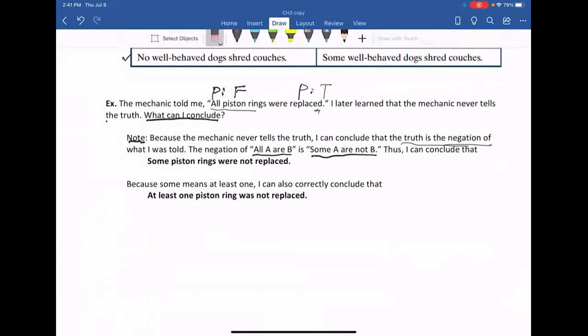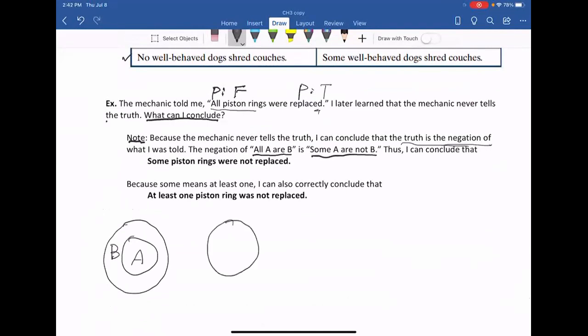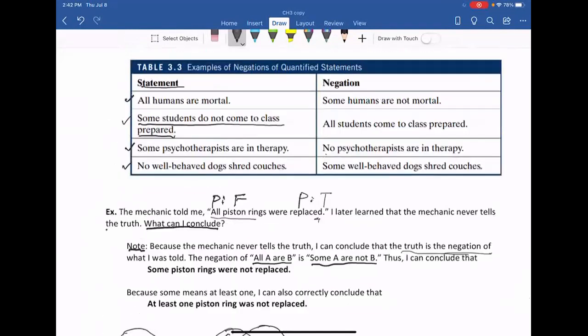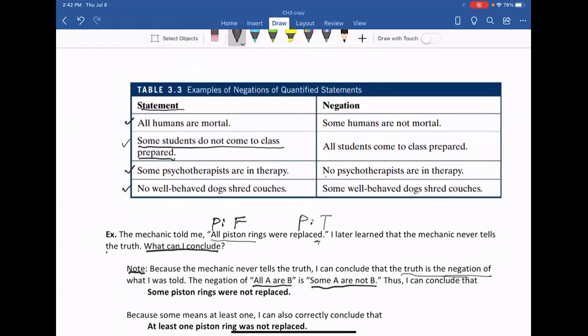Let's draw from "all A are B". All the elements in A are in B. The negation of this graph should be some A are not B. So I can conclude that some piston rings were not replaced.